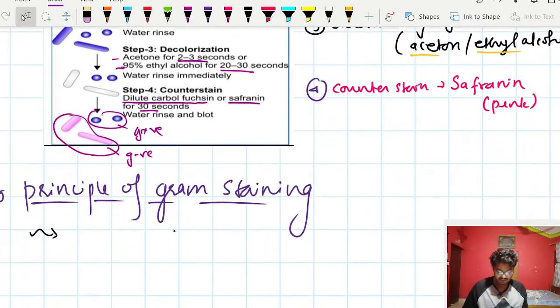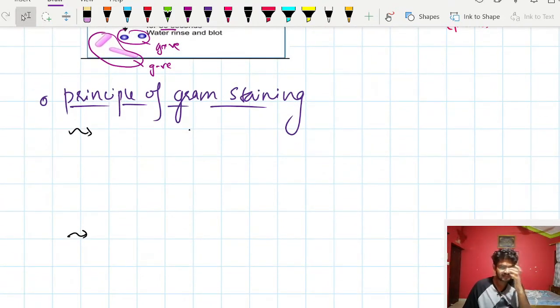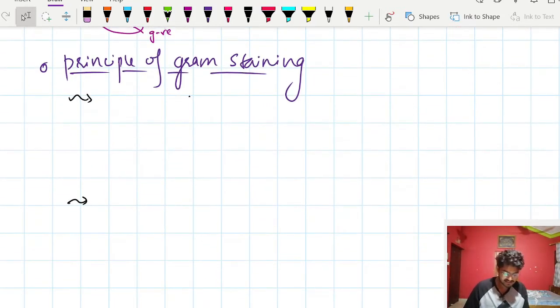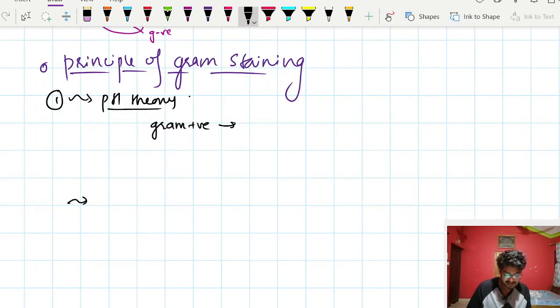So based on gram staining, there are three principles of how gram staining works, that means how to differentiate a gram positive and a gram negative. The first principle is our pH theory. What is meant by pH theory is that in gram positive bacteria, the cytoplasm is more acidic.